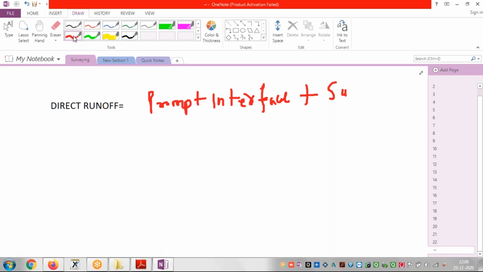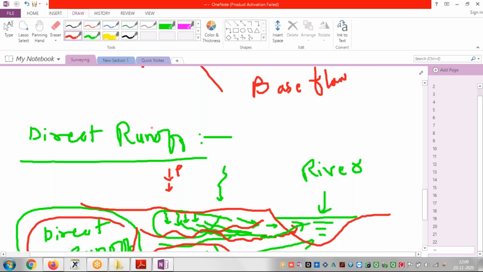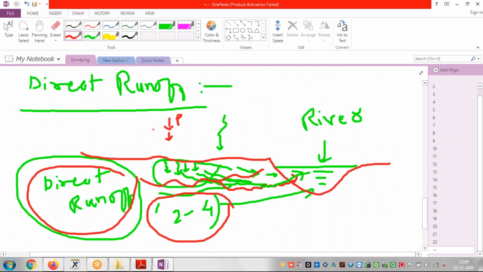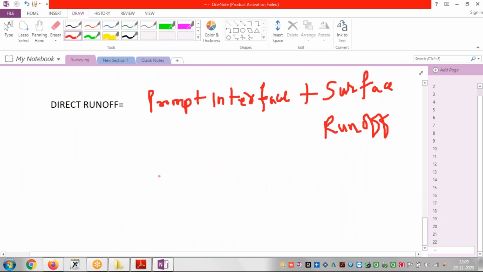Sorry, this is prompt interflow plus surface runoff. See, what I told you, direct runoff is the combination of surface runoff plus prompt interflow.